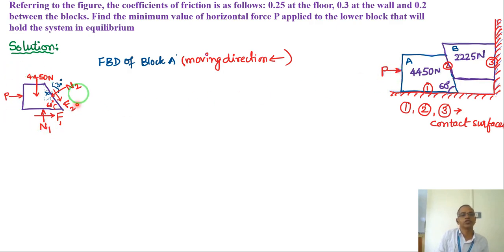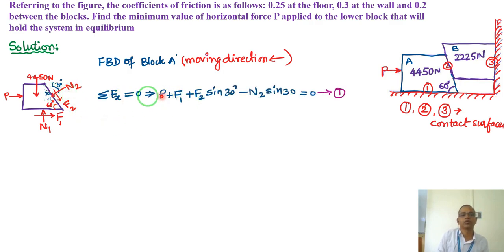So for all these forces, take the summation of Fx. In the x direction, P is there, F1 is there, and the component of N2 in the x direction is N2 sin 30, minus F2 cos 30.